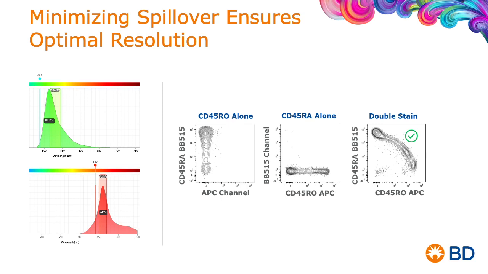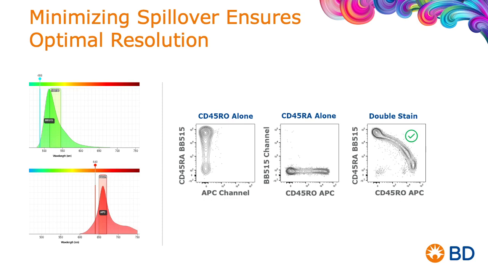However, in this second experiment, if we look at the different choice of fluorochromes that we adopted here, we're using BB515 and APC. Now you can appreciate that these are two fluorochromes excited by two different lasers, and their emission spectra are very well separated from each other. So there is no overlap, there is no spillover, there is no spread.